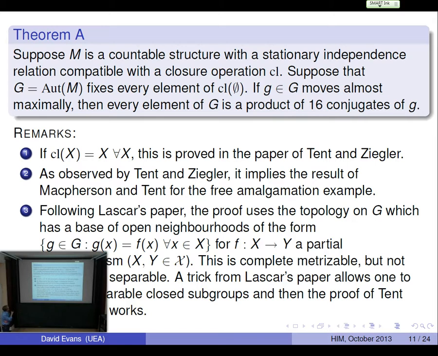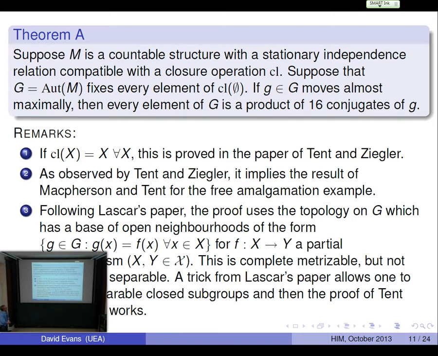The proof in the general case is really the same as the proof in the paper of Tent and Ziegler, just with this closure operation thrown in as well. And in the case where this closure operation is not necessarily one which takes a finite set to a finite set, it needs a trick from Lascar's paper.